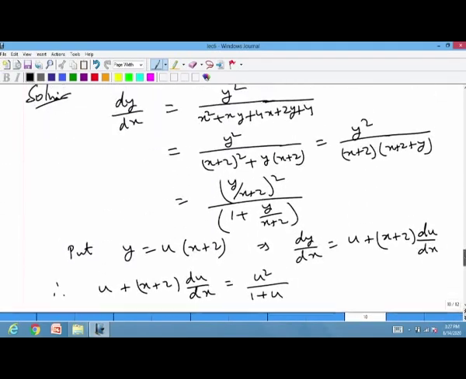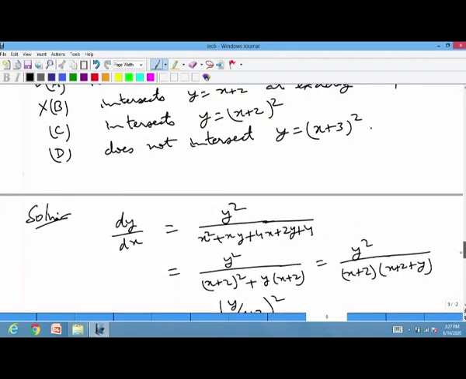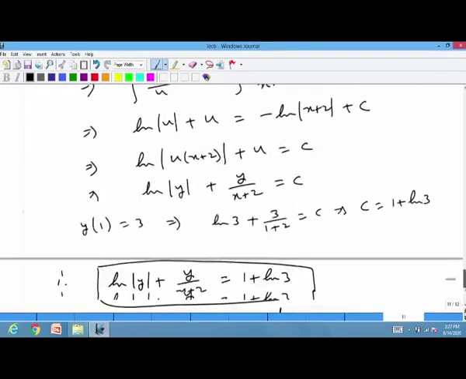Now, we have to see whether it intersects the curve y = (x+2)^2 or not.